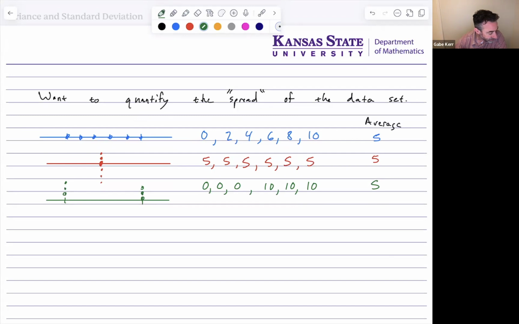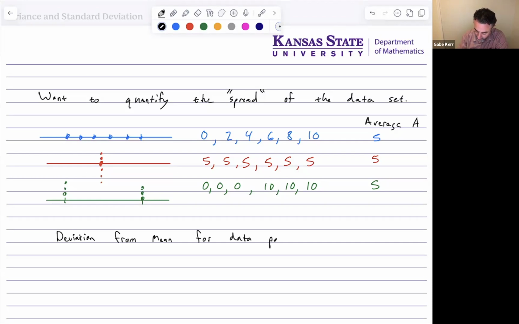All right, now let's introduce the notion of variance. Before we do that, we need to compute the deviation from the mean. For each data point, we compute the deviation from the mean: we take the data point x and subtract the average.